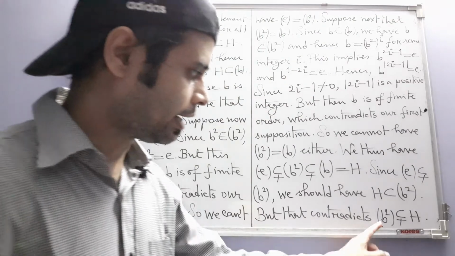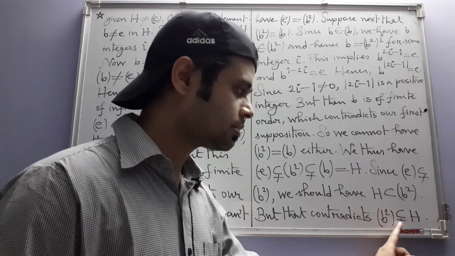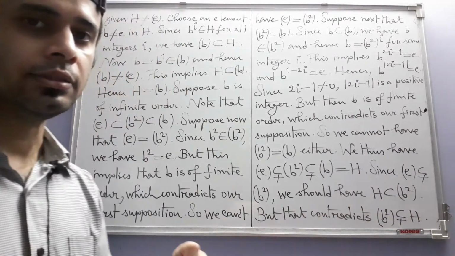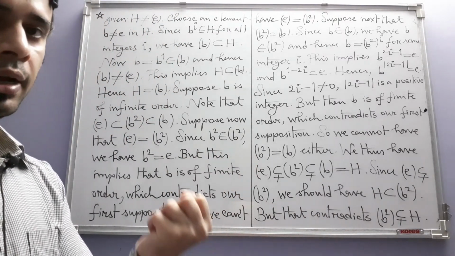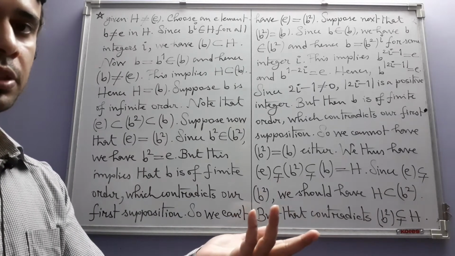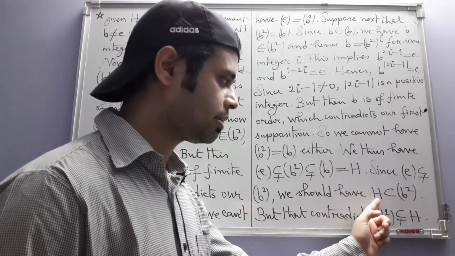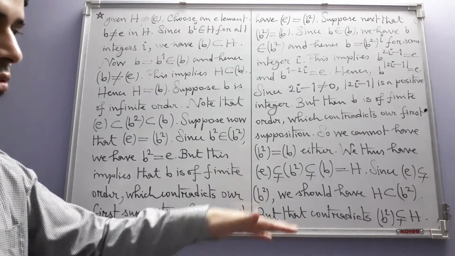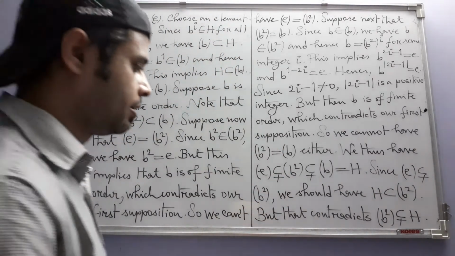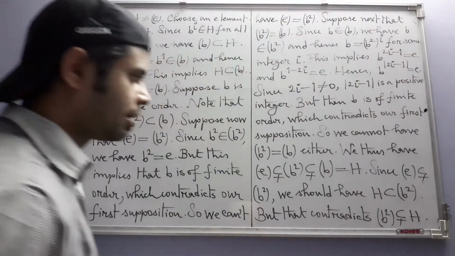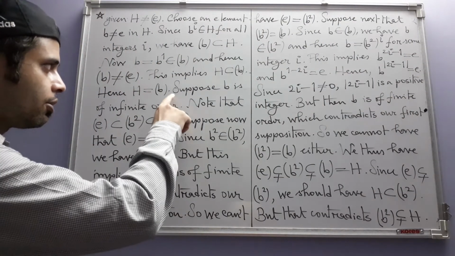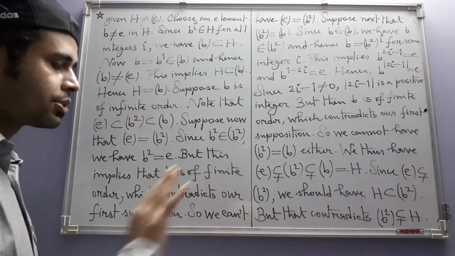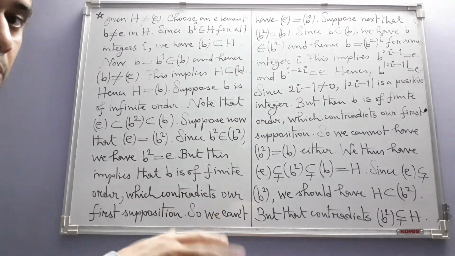This one says that B square is properly contained in H. It is inside H and there is something else in H which is not in B square. However, this one says that everything in H must be in B square. So they are contradictory together. So now we have run out of options. We can no longer cling to our original supposition because all the roads have come to dead ends.